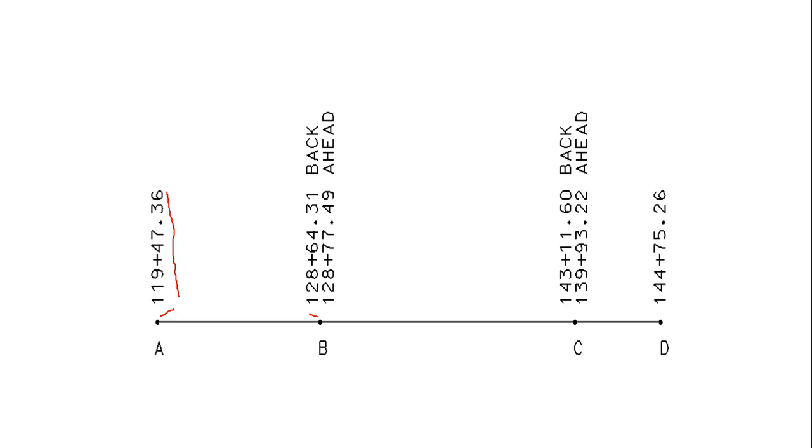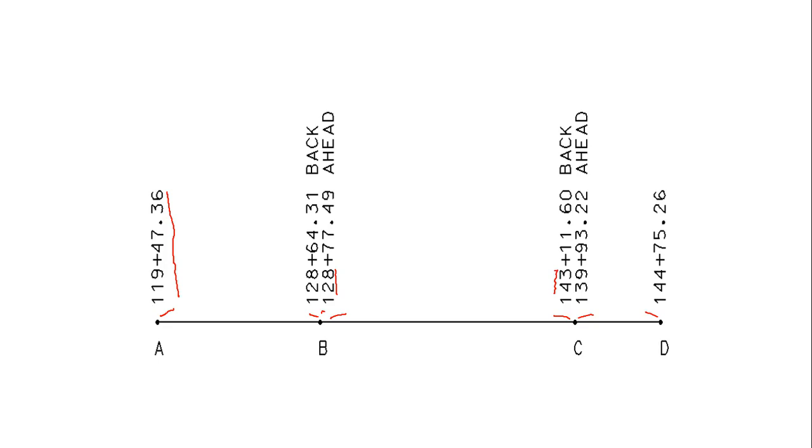And then you're going to have an equation. So from this point forward, you're going to start at this point with 128 plus 77.49 and go up to this point of 143 plus 11.60. So from B to C is going to be using these two stations. And then from C to D, you're going to be using the ahead station of 139 plus 93.22 and 144 plus 77.26.